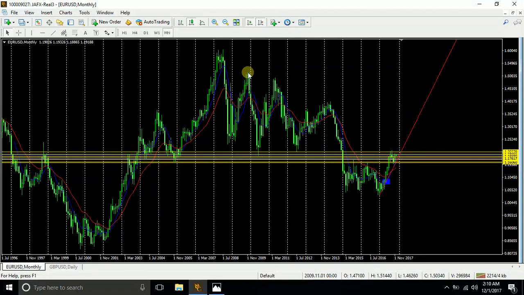We have a high, low, lower high, lower low, slightly lower high, slightly lower low, lower high. We can connect these lower highs to form a trend line. It would be from this one, the first two.